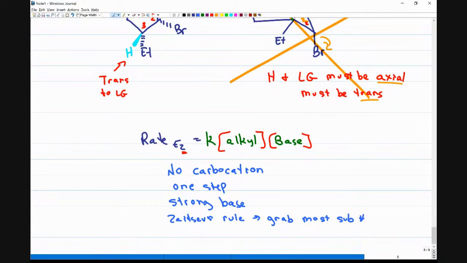I'm trying to think if there's anything else to add here, because I know that students like to have a quick list to refer back to after. And it can happen in primary, secondary, tertiary. This is all possible as long as you have a beta hydrogen, because sometimes you don't have a beta hydrogen.